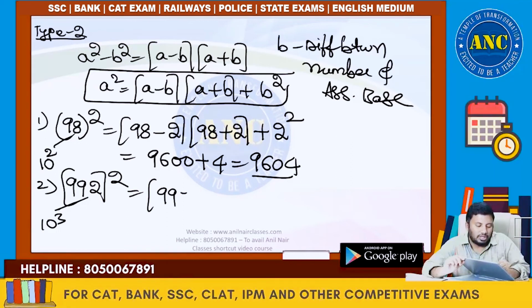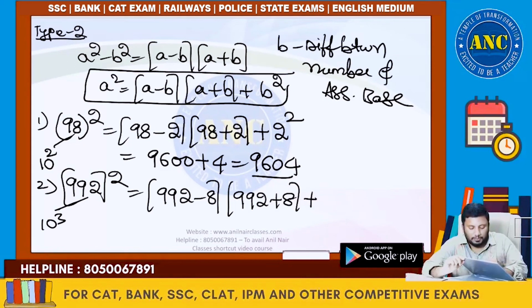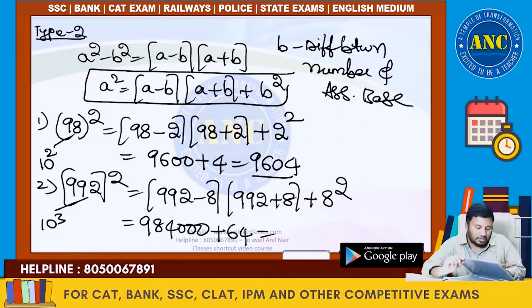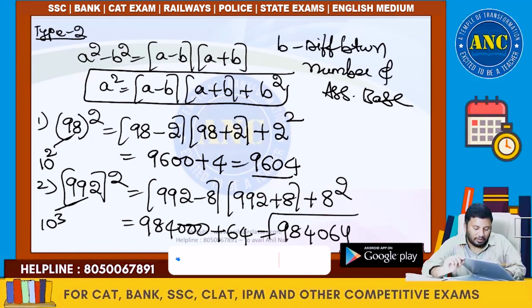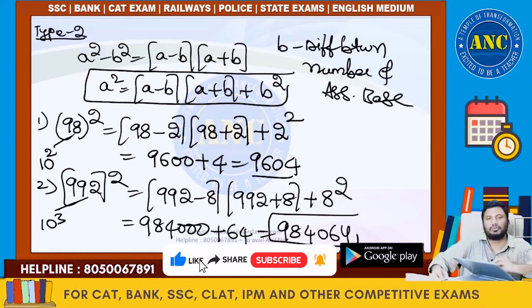So 992 minus 8, 992 plus 8, plus 8 square, which is 984 into 1000, which is 3 zeros. 8 square is 64. 984064. I hope the concept is clear.